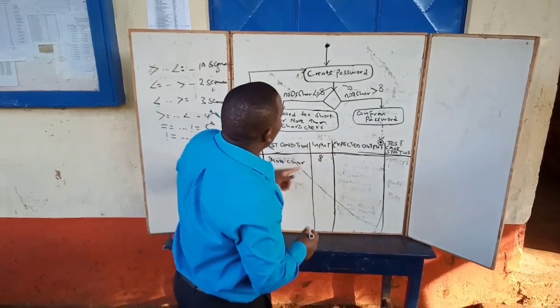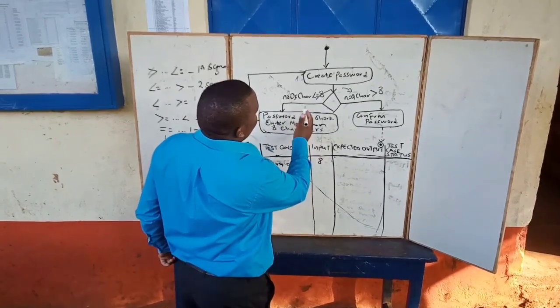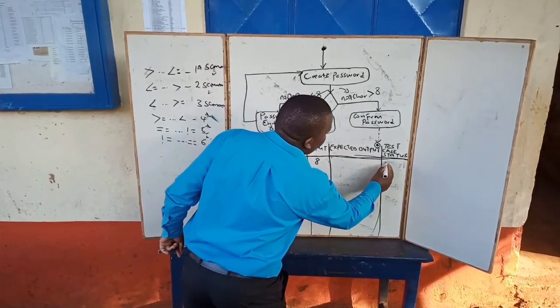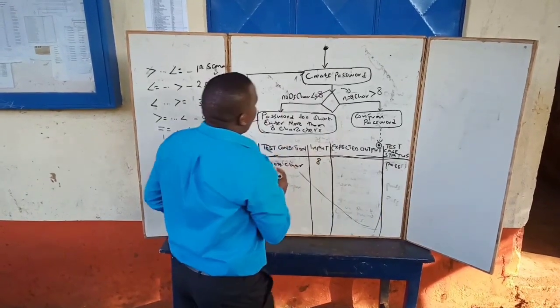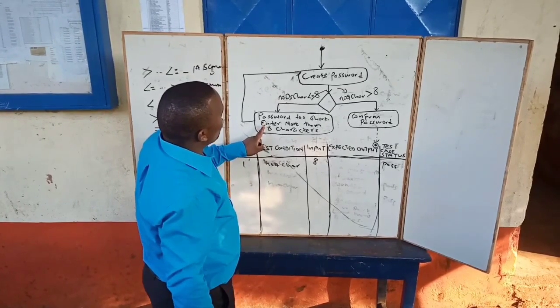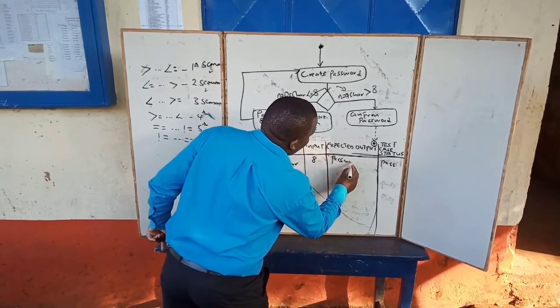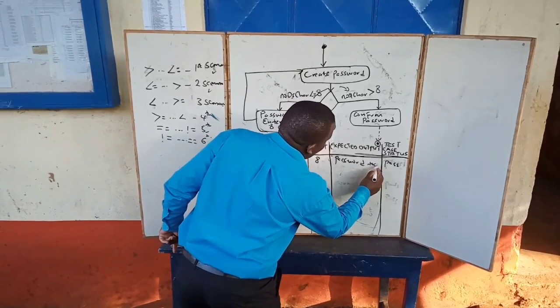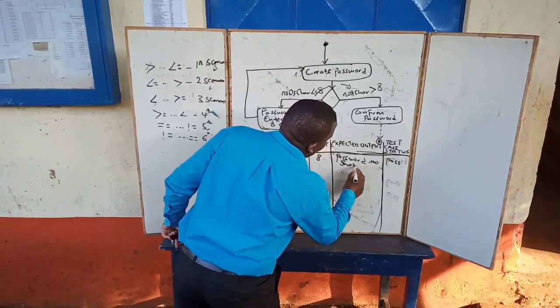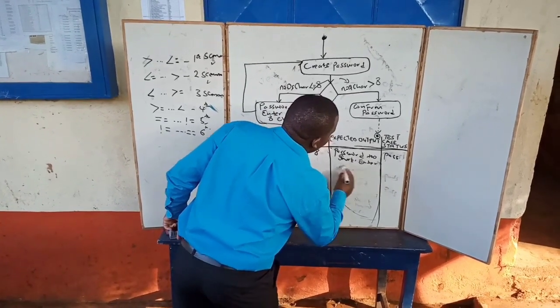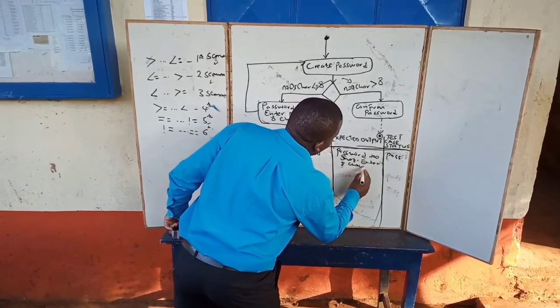Then 8 is compared with the first condition. 8 is less than or equal to 8, that is true, hence pass, and the output is password too short, enter more than 8 characters.